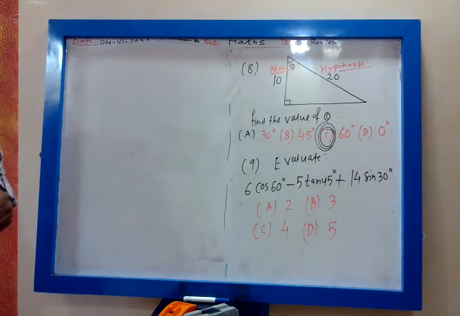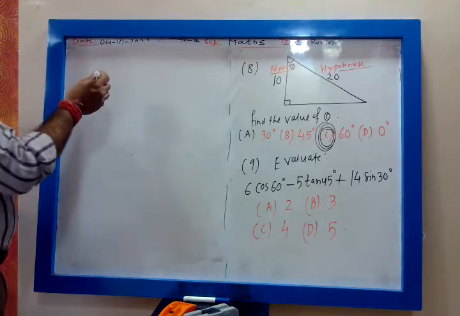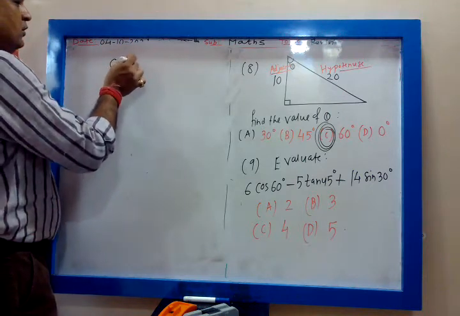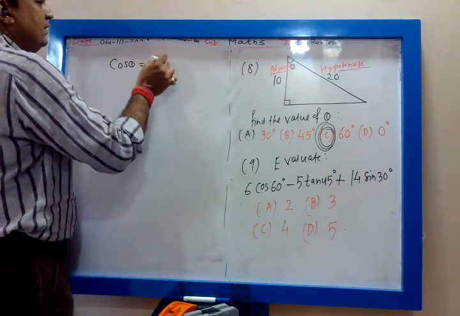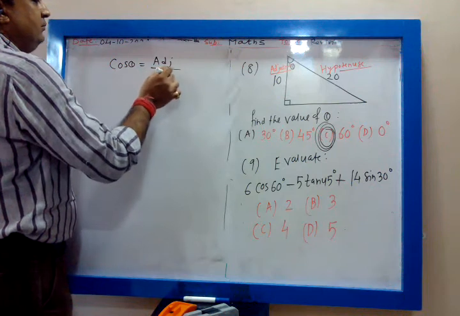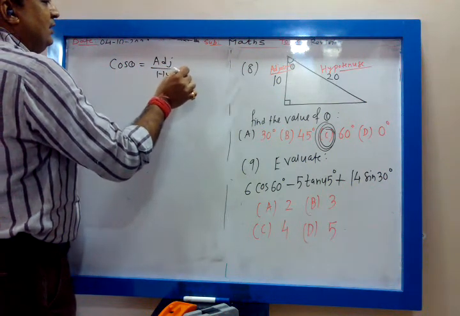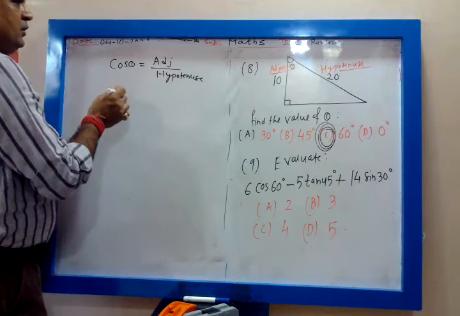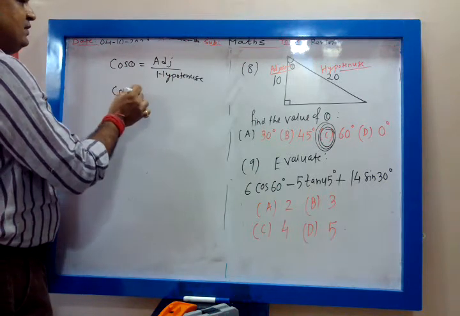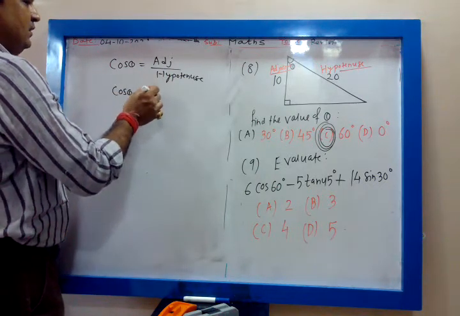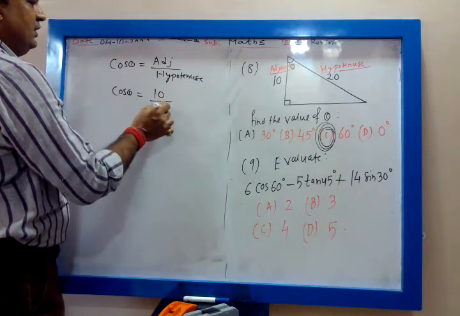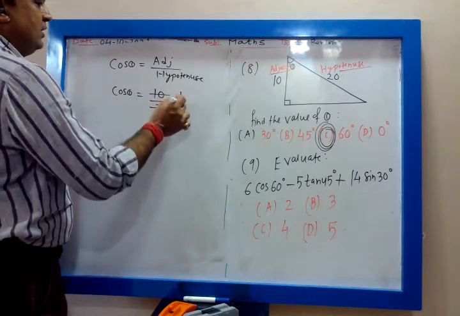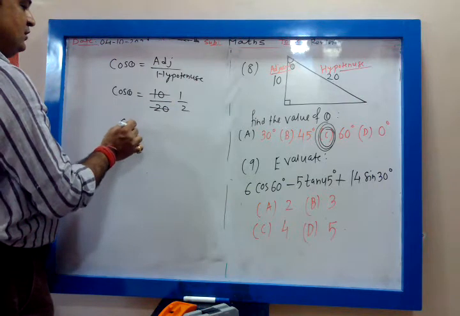Cos theta is equal to adjacent upon hypotenuse. Adjacent is 10, hypotenuse is 20. 10 upon 20 means 1 by 2. So cos theta is 1 by 2.